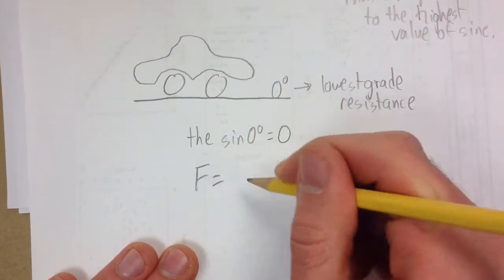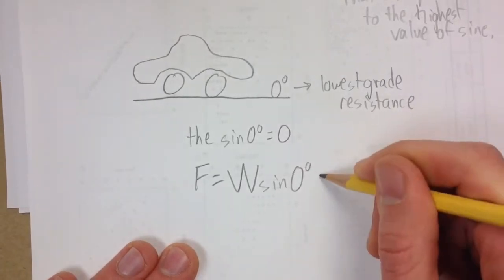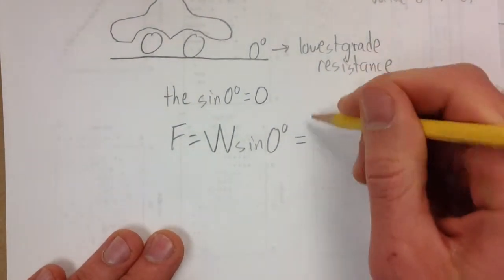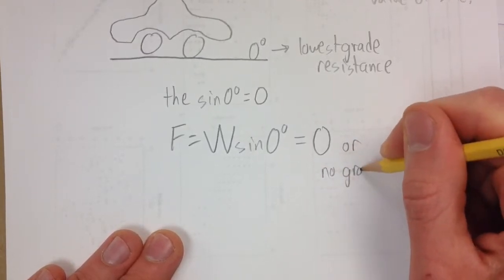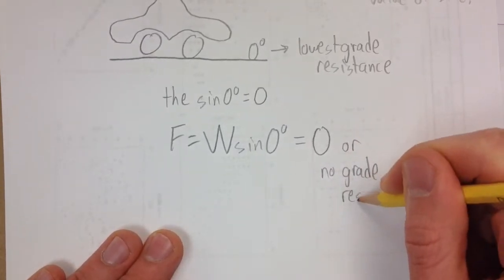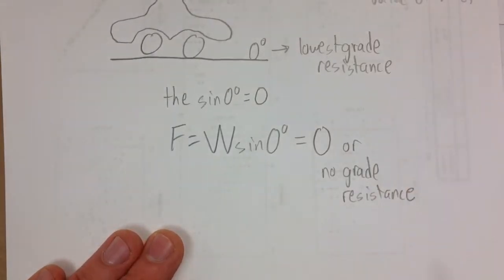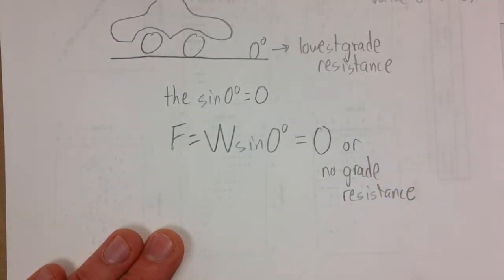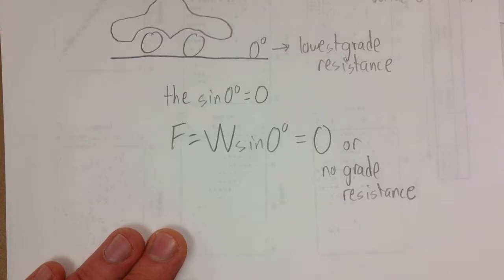So if you plug 0 into this equation for sine, what do you get? 0. Or no grade resistance. Which makes sense. You're not on a grade. So that's going to be the lowest value. Yes, I know you can go downhill. So aside from going downhill, that's the minimum grade resistance.